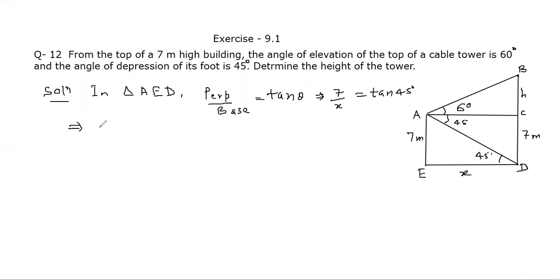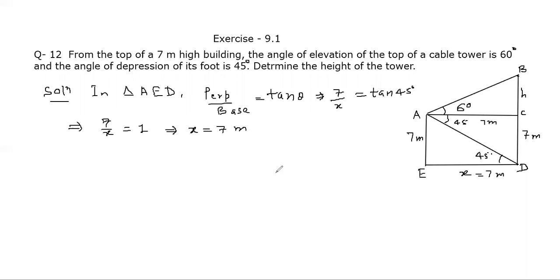We know that tan 45 degrees is 1. So 7 upon X is 1, which gives X equal to 7 meters. So this will also be 7 meters. So AC will be 7 meters because it is equivalent to ED.